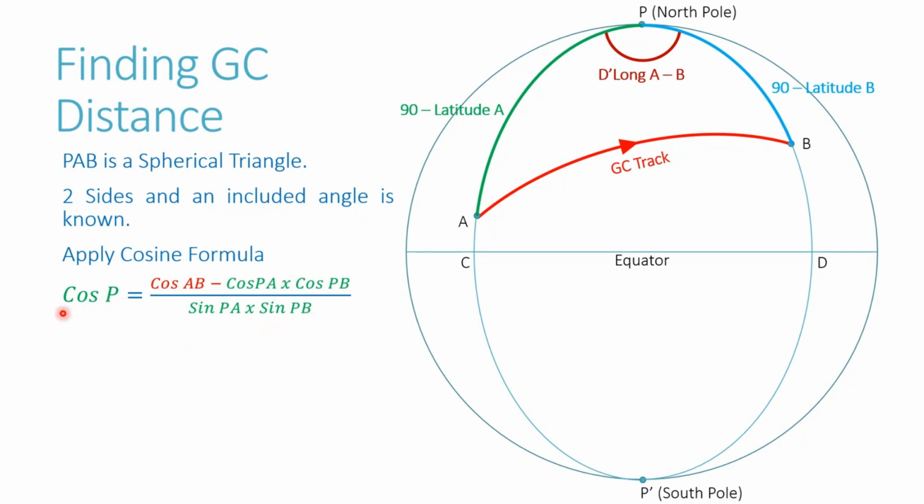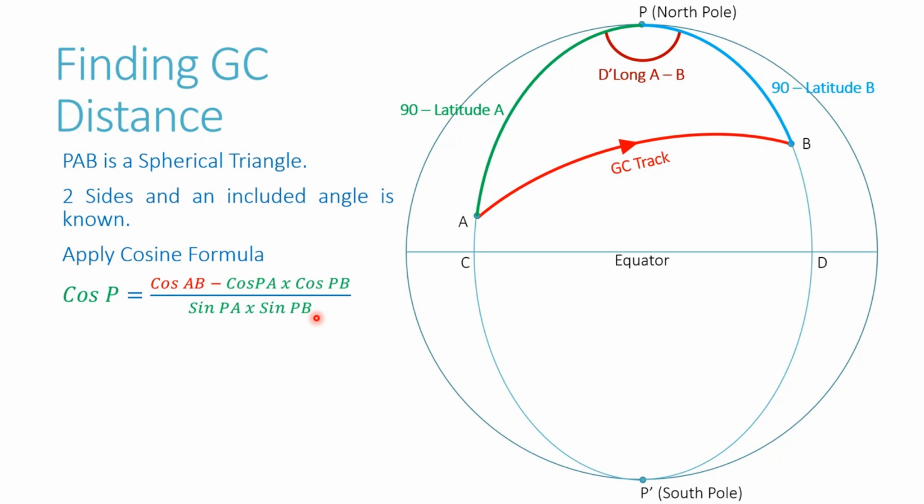Applied for angle P, it gives us cos of P is equal to cos of AB, AB is the opposite side, minus cos of PA, PA is the adjacent side, multiplied by cos of PB, PB is the second adjacent side, whole divided by sine of PA multiplied by sine of PB.